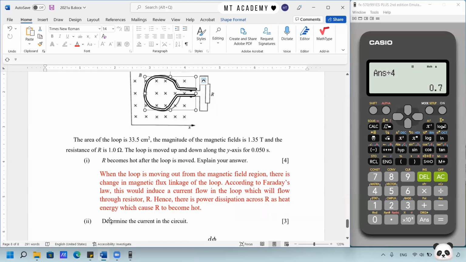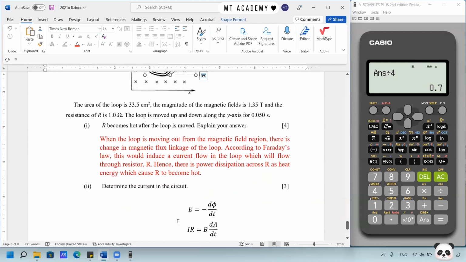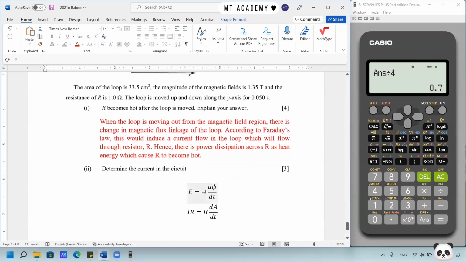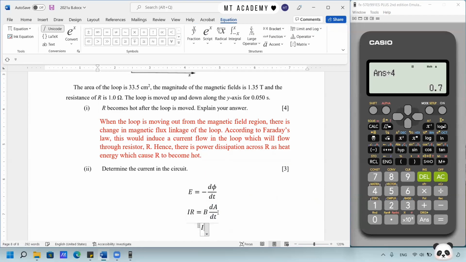So let's see question 2. Determine the current in the circuit. This is the challenging part. We have E is equal to dΦ/dt, and the flux is equal to B times A. The resistance is 1 ohm, so we need to get the current, and 1 ohm can be ignored. So I is equal to the magnetic flux density, 1.35 Tesla, multiplied by the rate of change of the area.